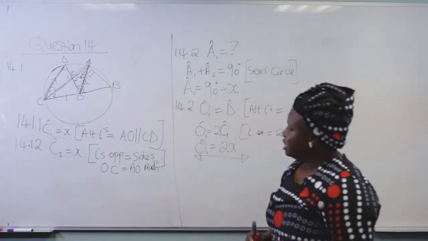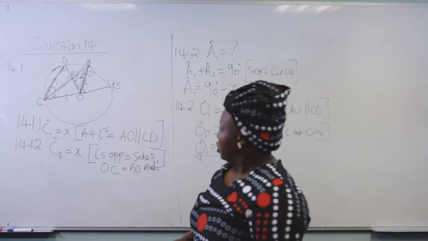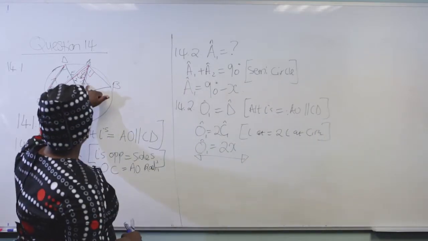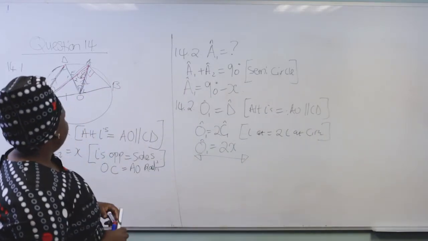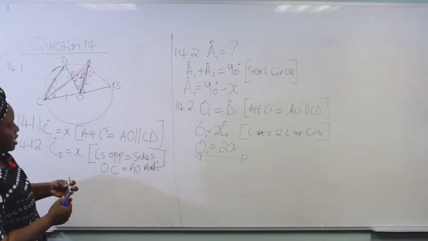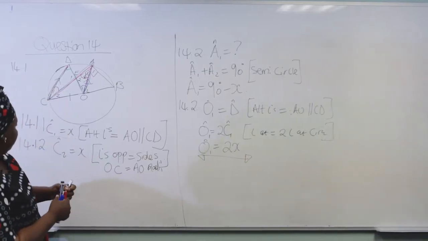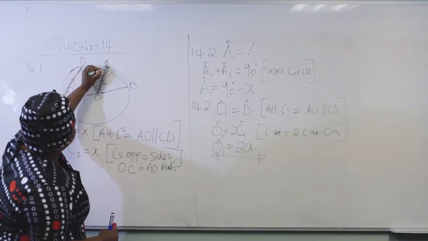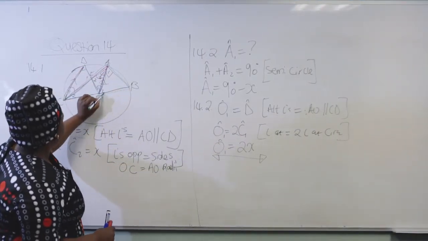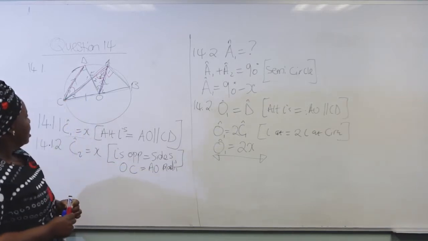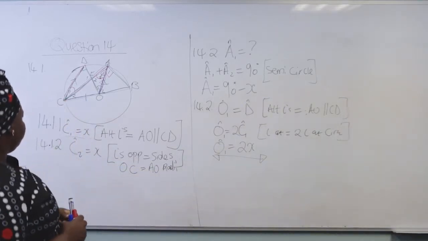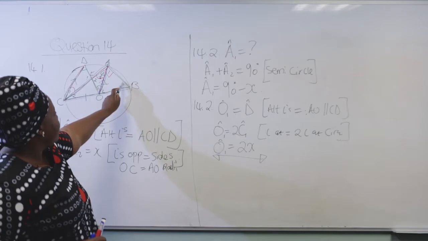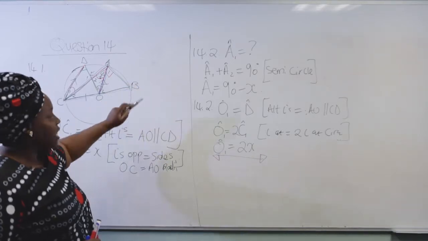Okay, the last question, they said you must find O2. One will be saying O2 is far out from what I'm looking for. Yes, it is. But let's look at triangle CAB combined together like that. If we look at that triangle, we are able to find angle B in that triangle.